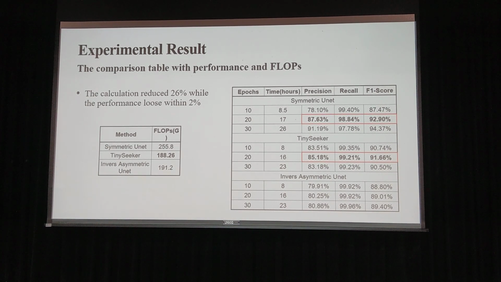Then we look back to the table on the right side and analyze it further. It is evident that TinySeeker achieves higher recall, while the symmetric UNet demonstrates higher precision. This difference can be attributed to the insufficient output resolution of TinySeeker.